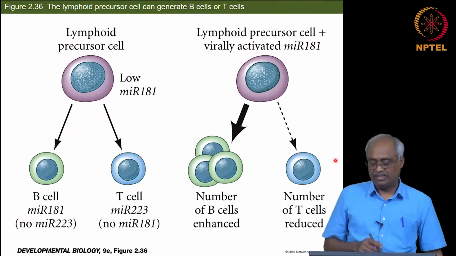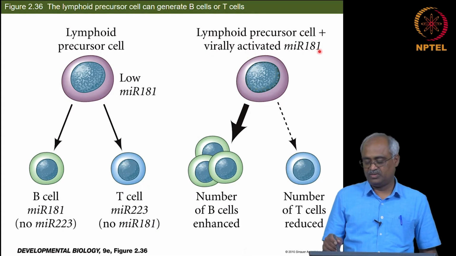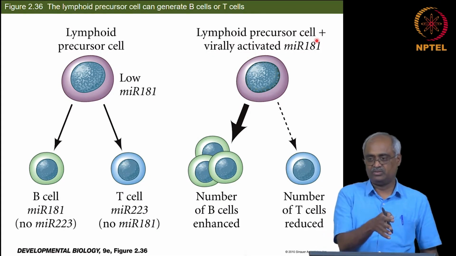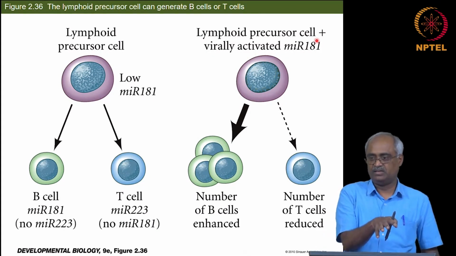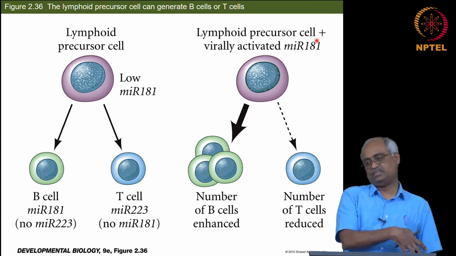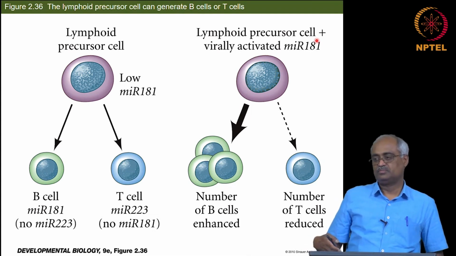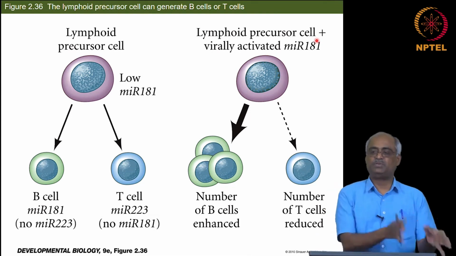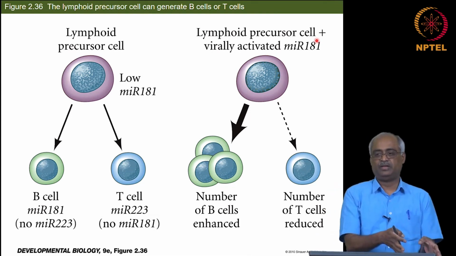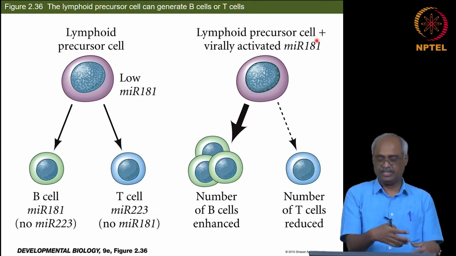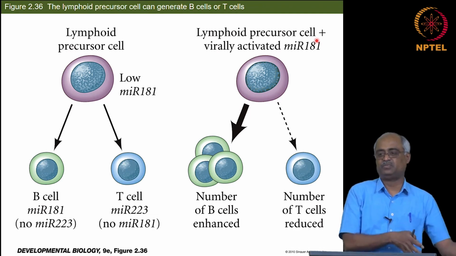Whatever the miRNA is going to prevent expression of preferentially leads to B cell formation, and T cell differentiation does not happen. So each cell type is going to have one specific set of gene products, not genetic information, gene products, and as a result its fate is going to be different.